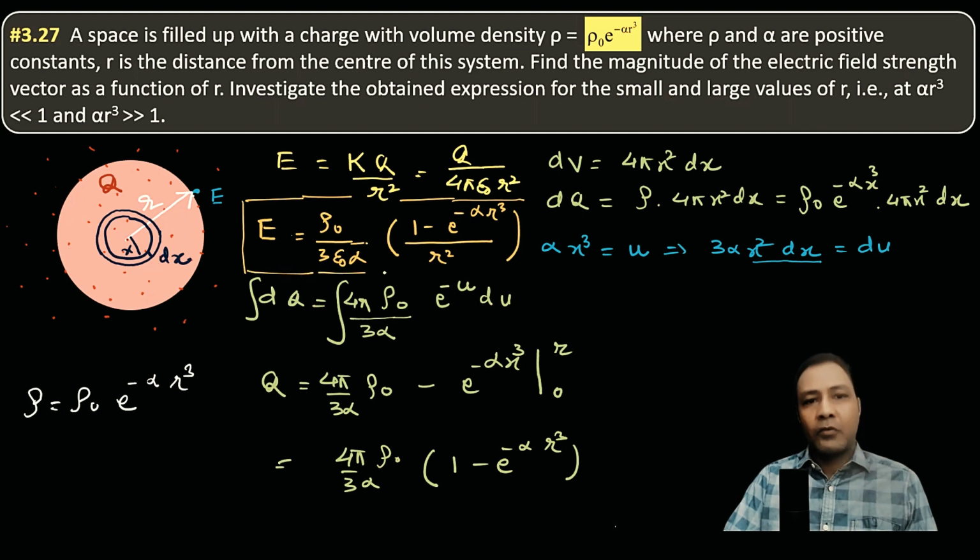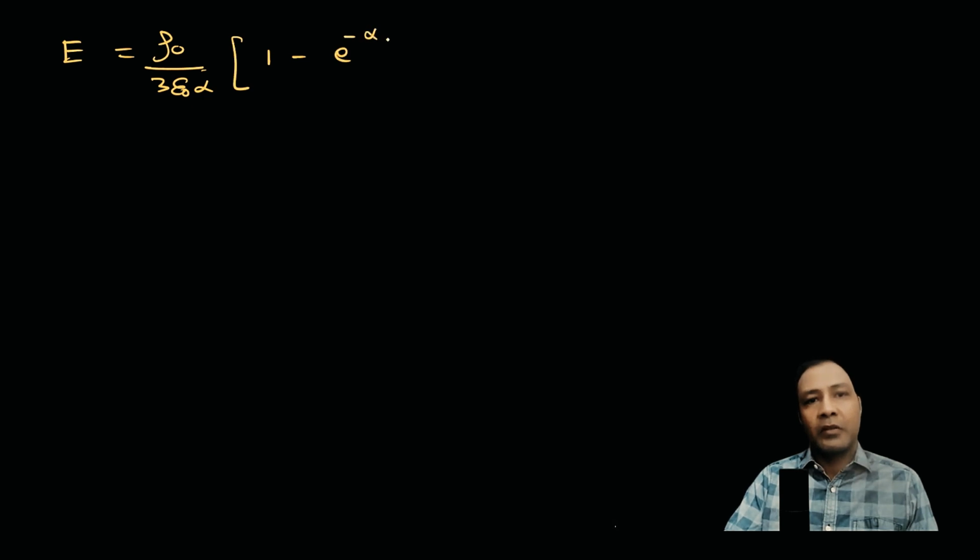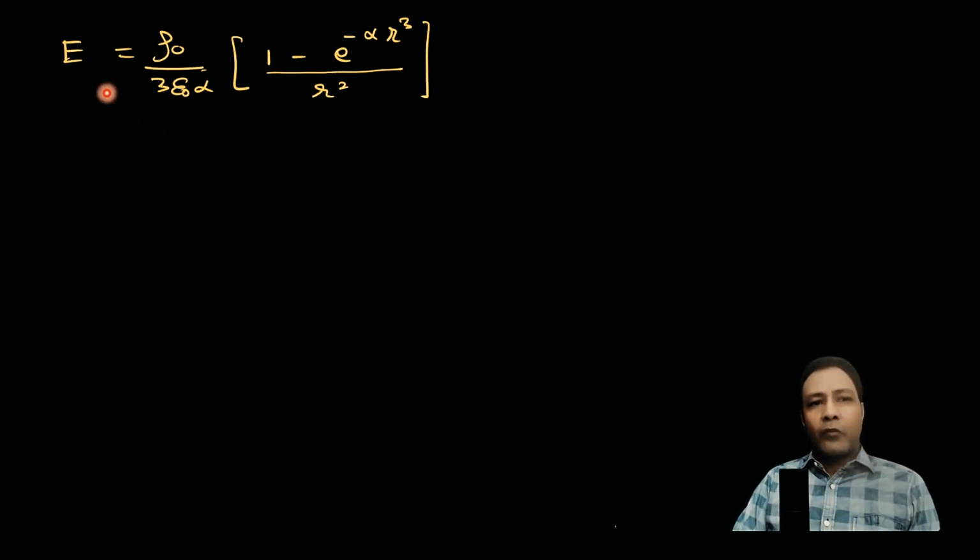And then we have to see some approximation. Let me go to the next page. What I've got, E is equal to rho naught by 3 epsilon naught alpha into 1 minus e power minus alpha r cube, divided by r square. We have to investigate for this expression what happens for alpha r cube much greater than 1 and much smaller than 1.